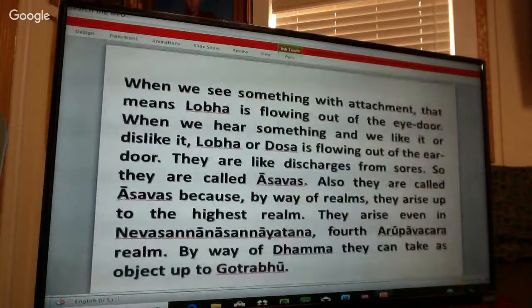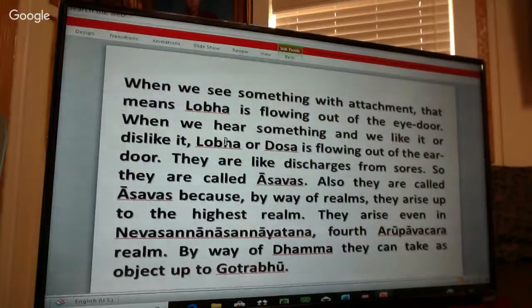Okay? So, for example, when we see something with attachment, that means lobha is flowing out of our eye. When we hear something, we like it or we dislike it, lobha or dosa is flowing out of the ear too. But mostly lobha. Dosa is connected with lobha.